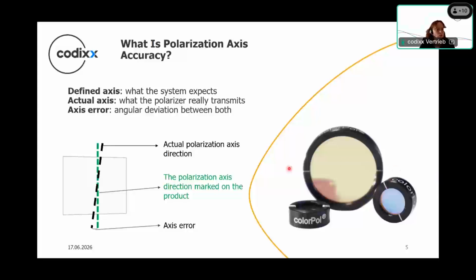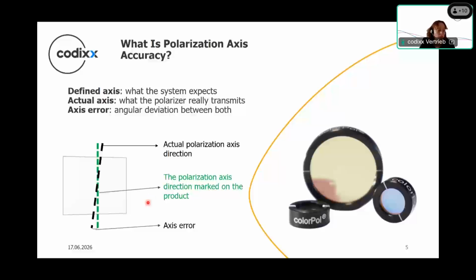And basically here in green is the polarization axis, which is marked on your product. For example, like in this picture here on the right, we have mounted color polarizers, which have these small white indents to mark the polarization axis.